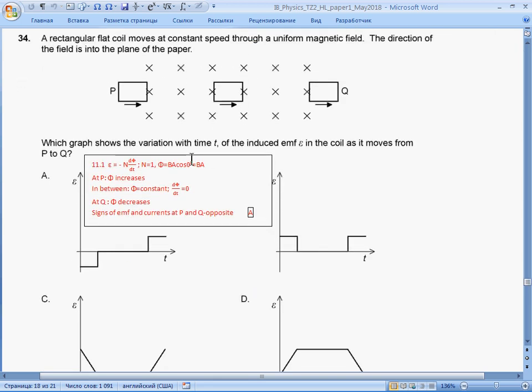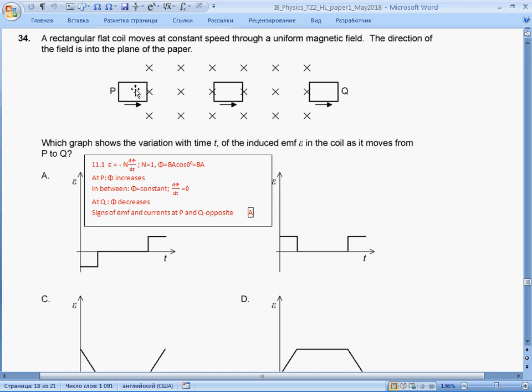Here we have a frame moving in a magnetic field. Which graph shows the variation with time of the induced EMF in the coil as it moves from P to Q? EMF is proportional to the rate of change of flux. Flux equals BA. When at P flux is increasing, so EMF is positive, for example, or negative, it doesn't matter.